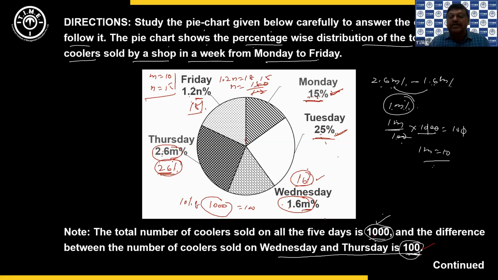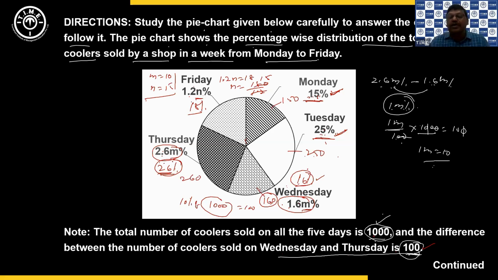Students, what is 15% of 1000? 15% per 100 means 15. 15% per 1000 means it is 150. 25% of 1000 is 250. Yes or no? I'm sure you don't have to write 25 by 100 into 1000 and cancel it. I'm sure you can say. Similarly, students, Wednesday is 16% of 1000, which is 160. And students, 26% is 260.